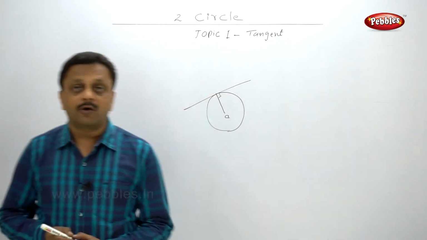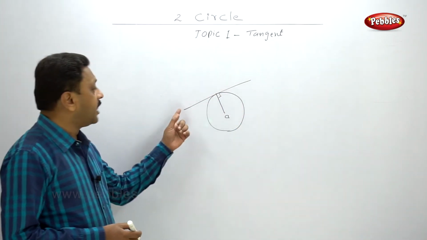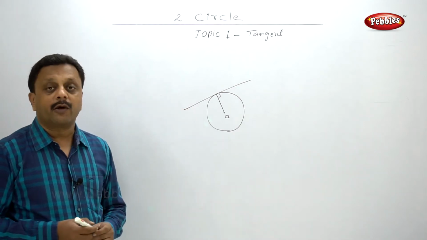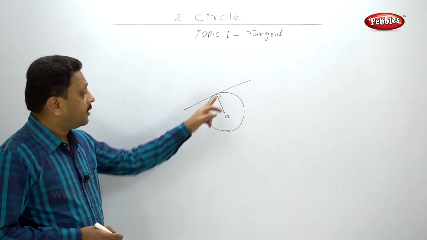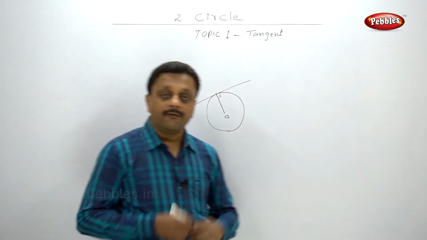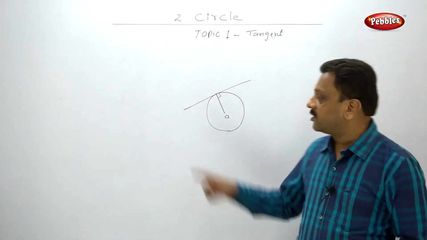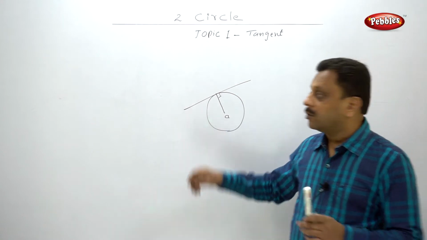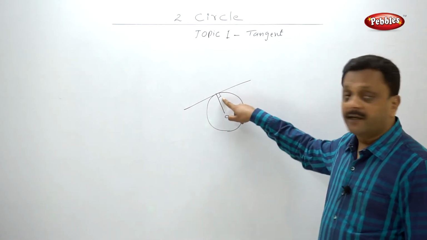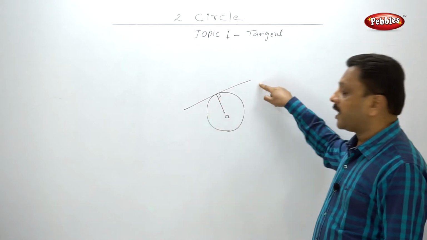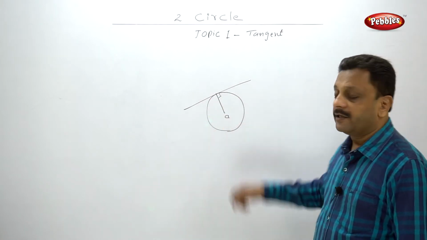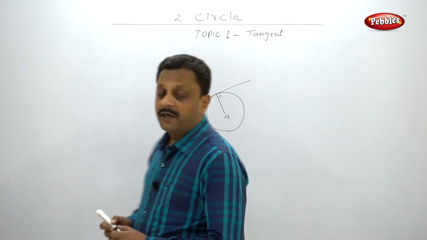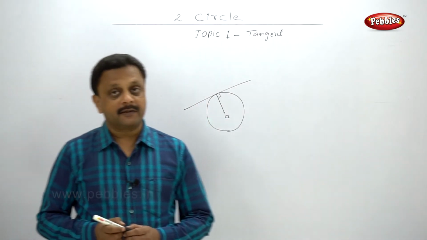That means if you want to prove whether this line is tangent to the circle or not, you just have to prove that this is a right angle. If you can prove this is a right angle, then this line is obviously tangent to the circle. Conversely, if this is tangent to the circle and this is the radius, then by the theorem it has to be 90 degrees.